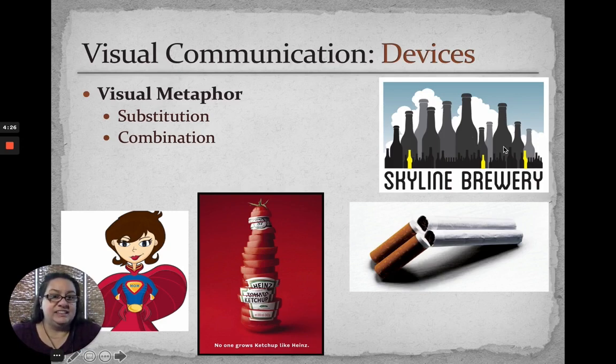Notice how, instead of the buildings, skyscrapers, and cityscape we would expect, we actually see beer bottles. So we are replacing the expected image with something else, and to do that, we are saying that there is a similarity between them. What we're supposed to infer from this is that this is a very sophisticated and urban brewery. That's what we're supposed to get out of that.